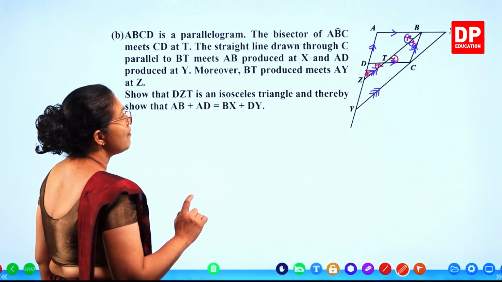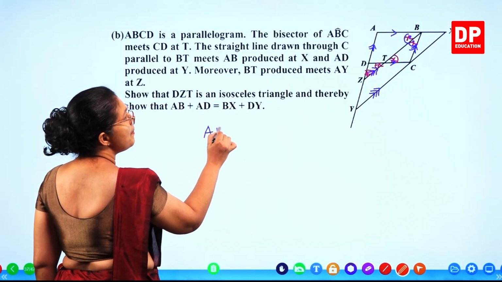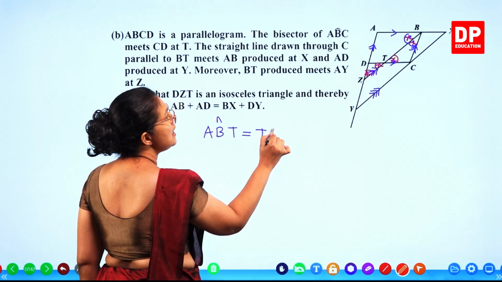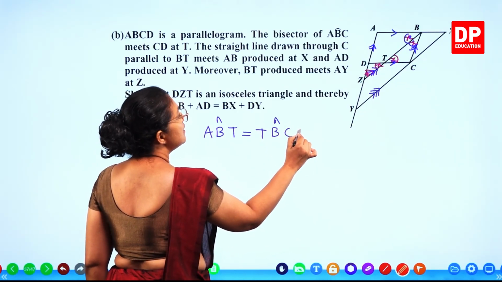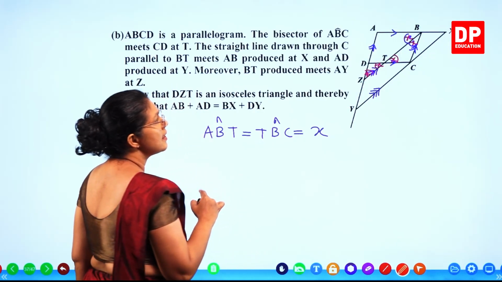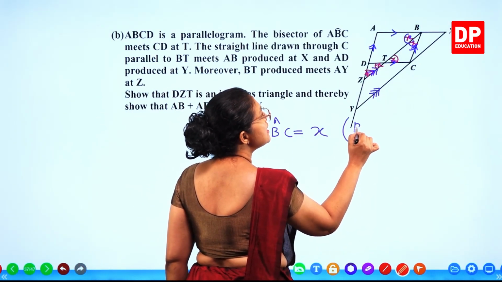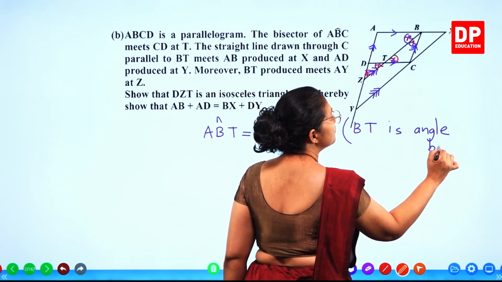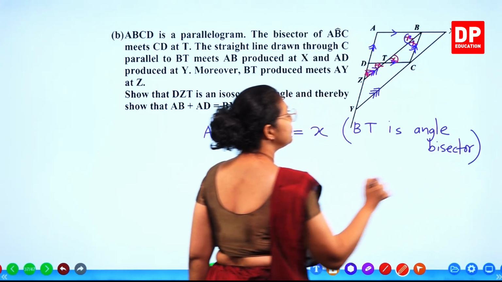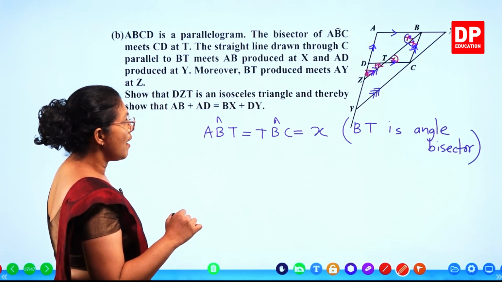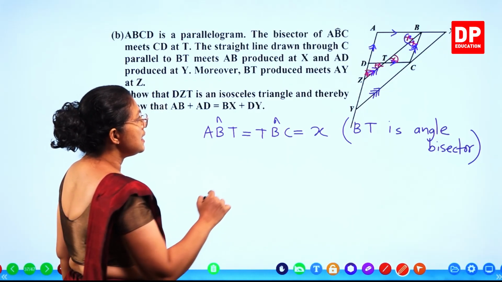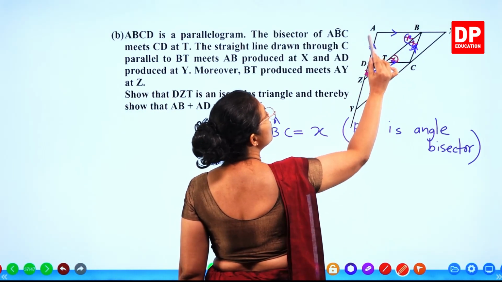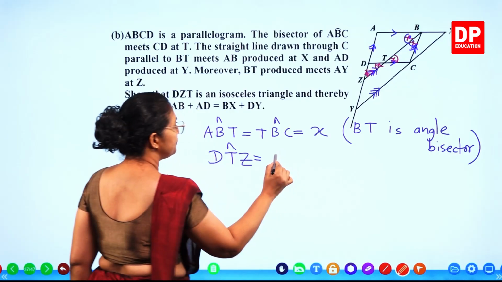So what's the first thing we can write? We can write angle ABT is equal to angle TBC. That's X. Why? BT is the angle bisector. Then you can write angle DTZ is equal to angle ABT.